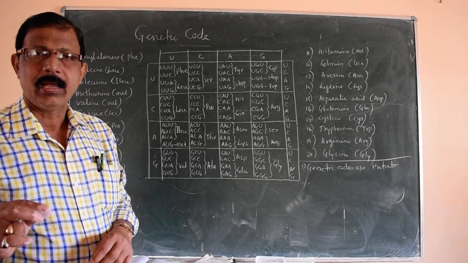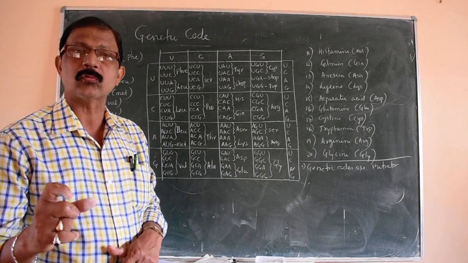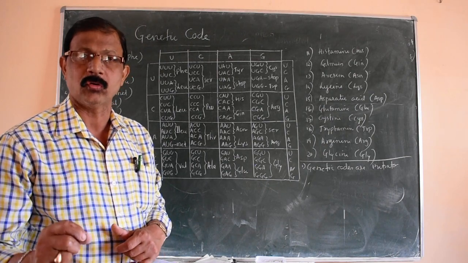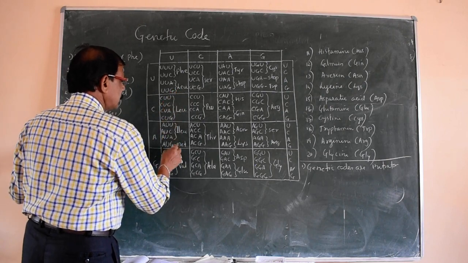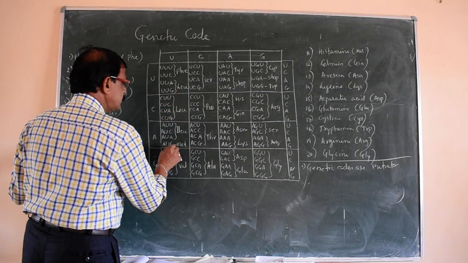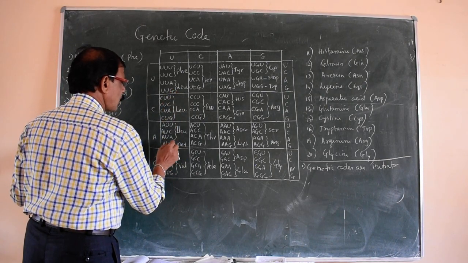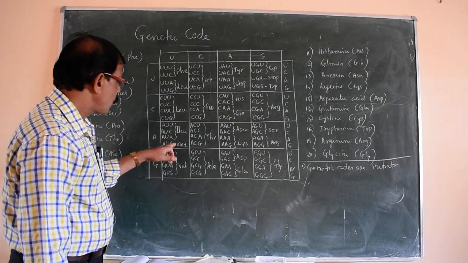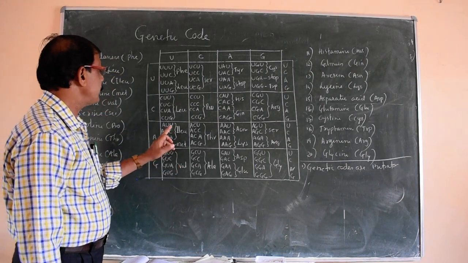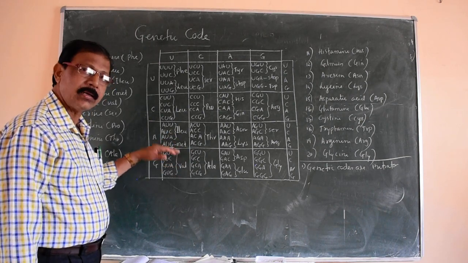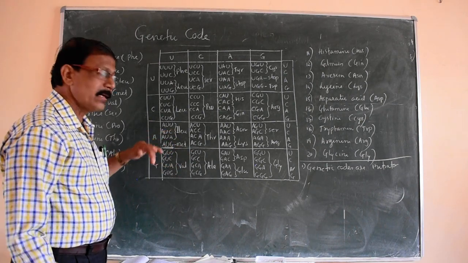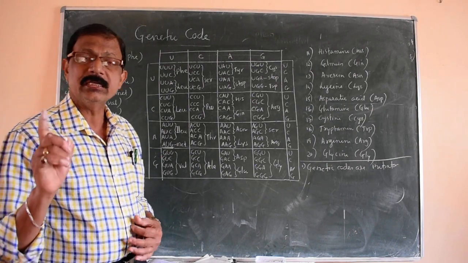The first codon on the mRNA is the initiator codon, and that codon is called AUG. AUG is the initiator codon, and it codes for the amino acid methionine. That is why AUG is the initiator codon.